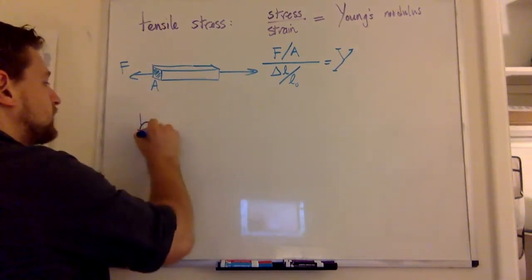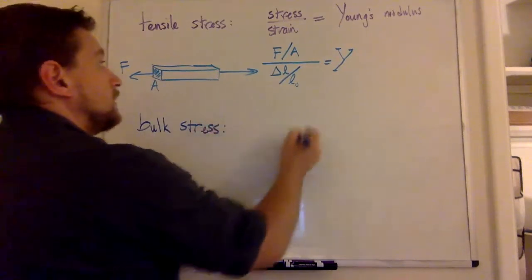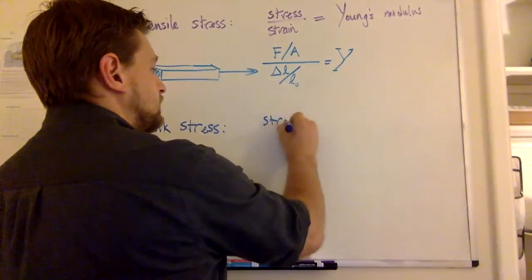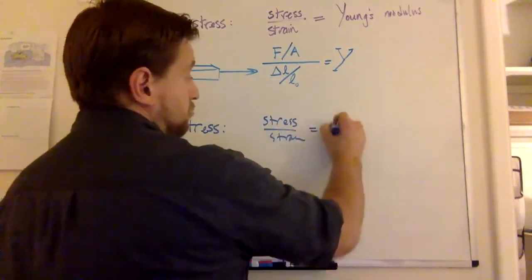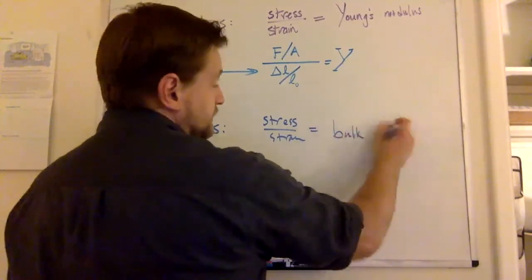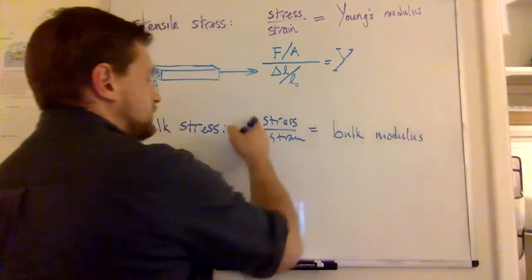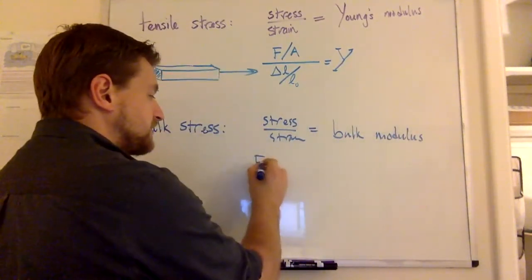For bulk or volumetric stress, the ratio of stress to strain is called the bulk modulus. Again, that's something we look up in a table. Stress, we're still talking about force applied relative to surface area.